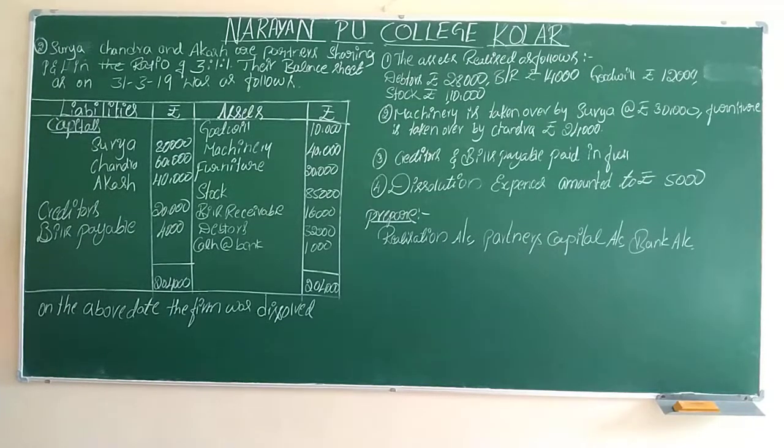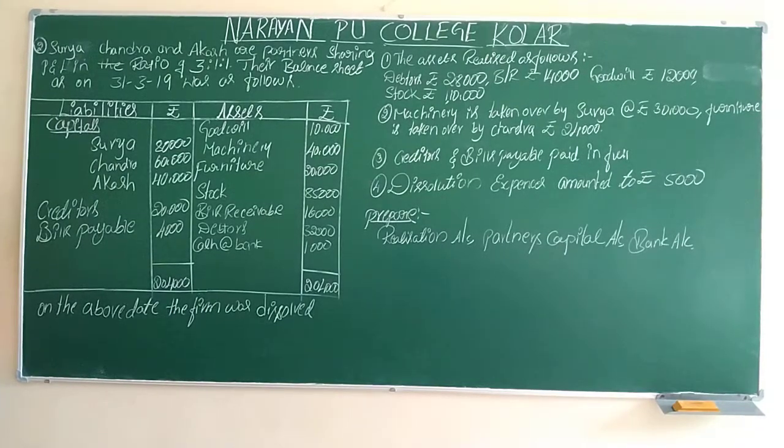After that creditors 20,000, bills payable 4,000. Let's come to the asset side.